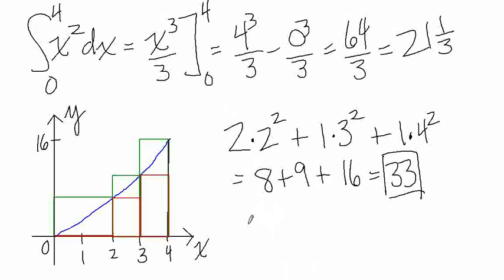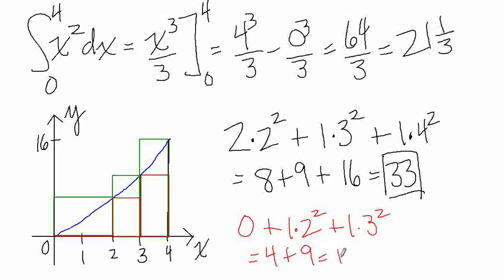So let's see, the area of the three rectangles, well, 0 plus 1 times 2 squared plus 1 times 3 squared. And so that gives 4 plus 9, or 13. Okay? So that method underestimated the correct value.